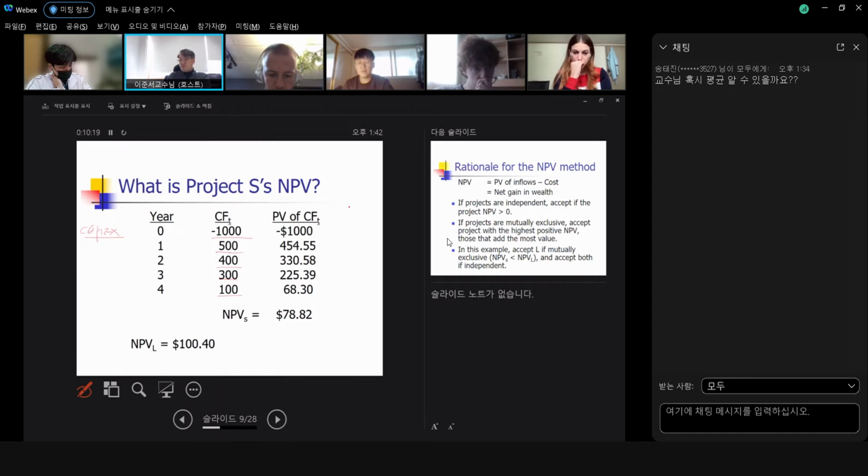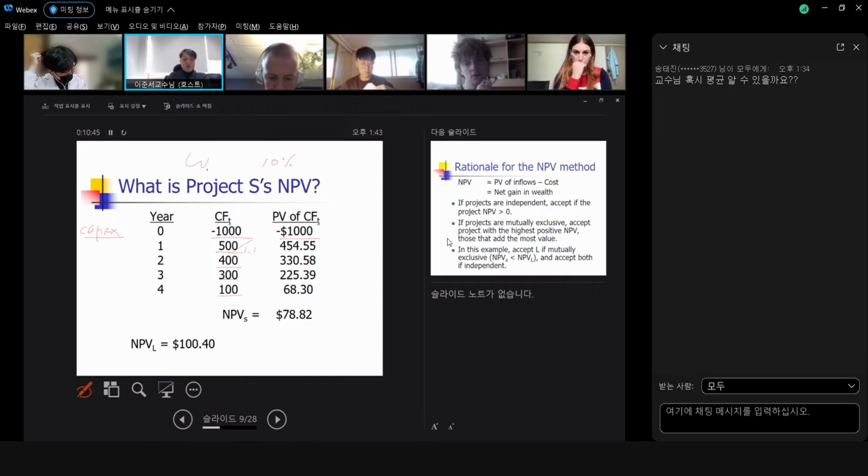Then we can calculate the present value of each cash flow. So $1,000 at zero is $1,000 as of today. The $500 at time one can be calculated by 500 divided by 1.1, right? If we assume the WACC is 10%, we already figured out the 10% WACC in the cost of capital, chapter 11, right?